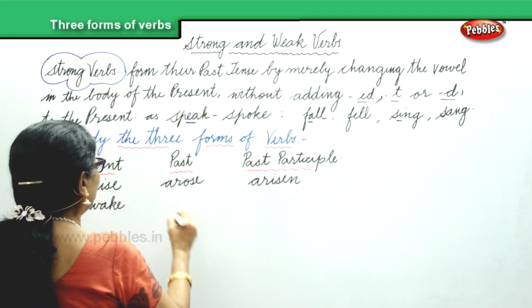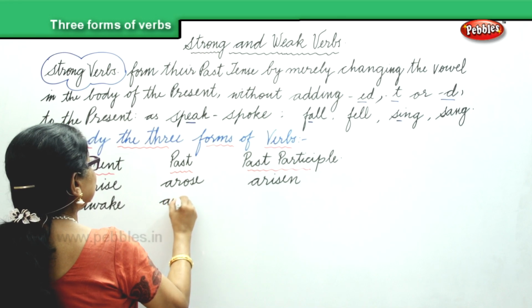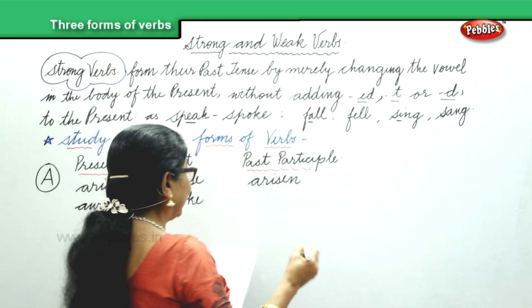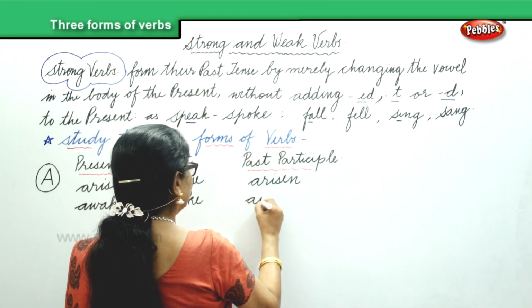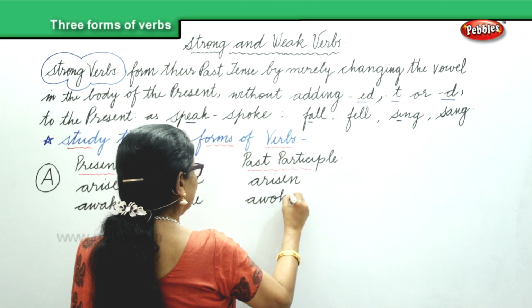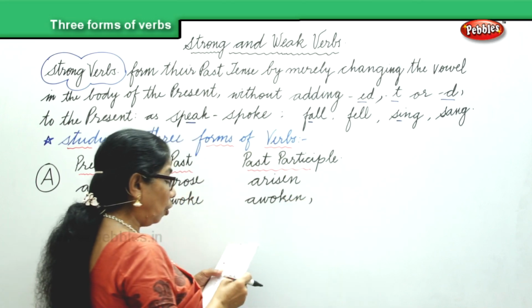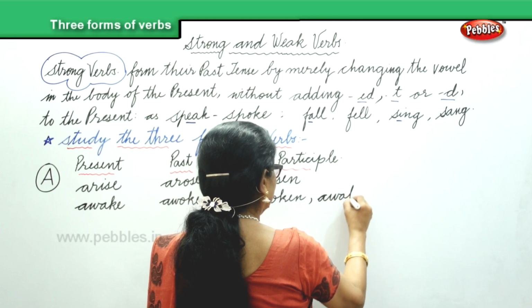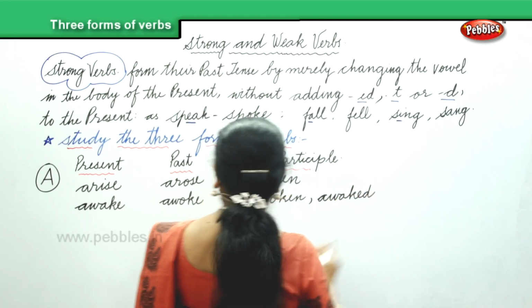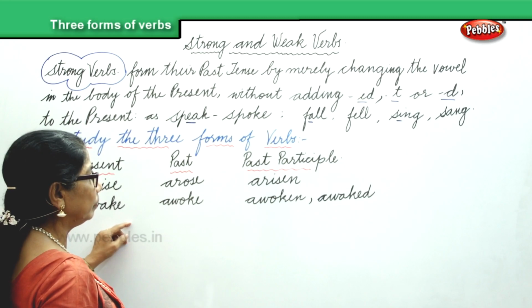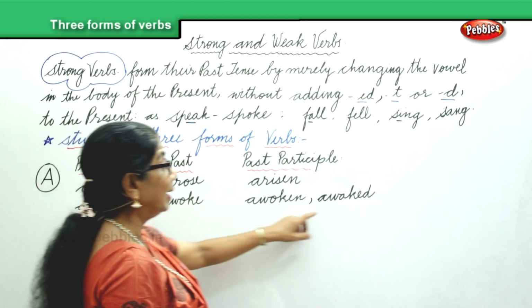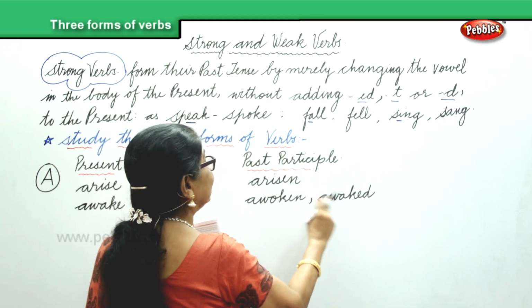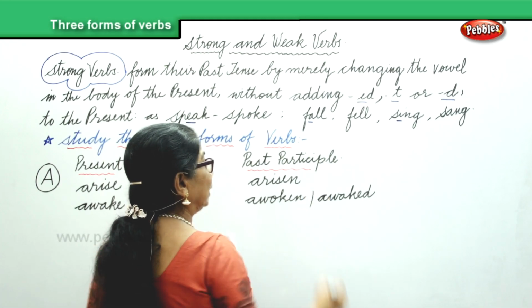Then the past is awoke, and the past participle, awoken or awaked. There's a slight change here: awake, awoke, awaked or awoken. You can say either this or that.